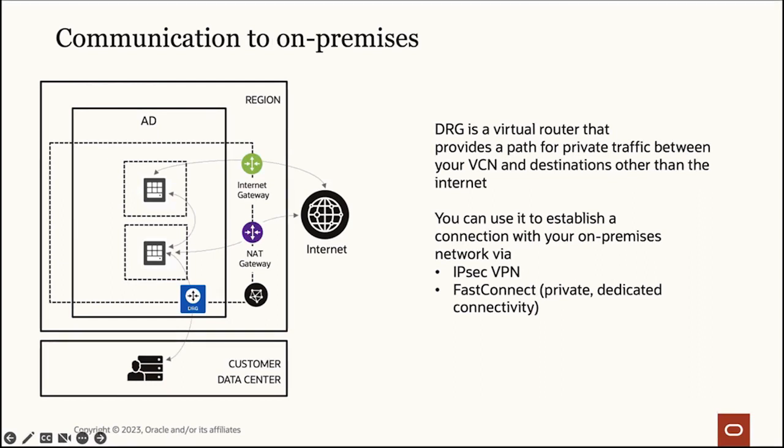The DRG will essentially act as a virtual router and provides a path for traffic between your on-premises networks and also your VCNs, which we'll talk about in just a few slides. But those are the different ways you can use the DRG. And if you do want to use it to connect to your on-premises network, you will have to use it alongside an IPsec VPN or FastConnect. And then your VCN and DRG will have a one-to-one relationship.